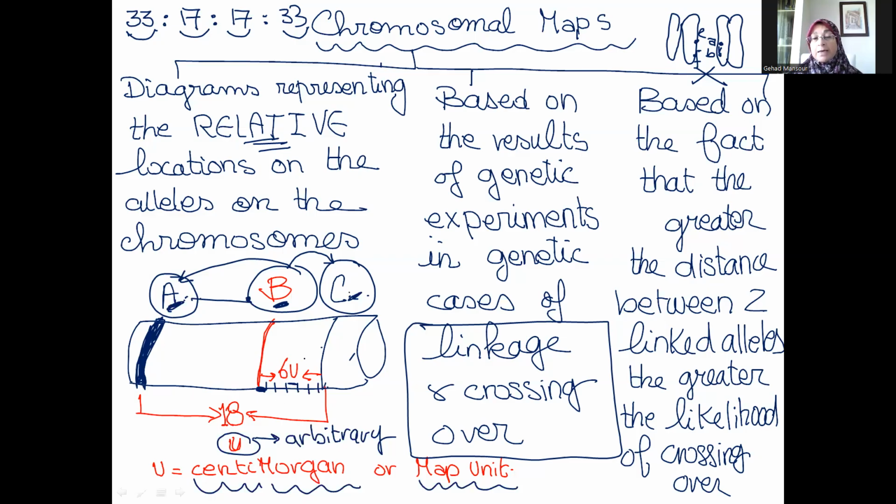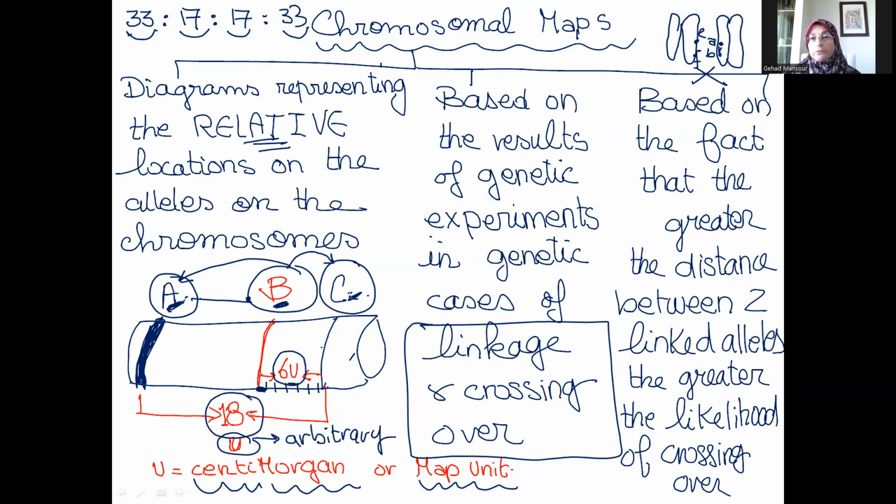So if the two alleles have a distance of 6 map units or 6 centimorgans between them, this simply indicates that there is a 6% frequency of crossing over between B and C. And if the distance between A and C is 18 units, this means that there is an 18% frequency of occurrence of crossing over between those two linked alleles that are present on the same chromosome.